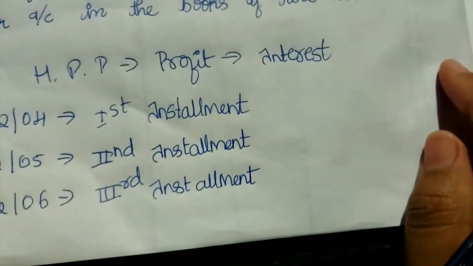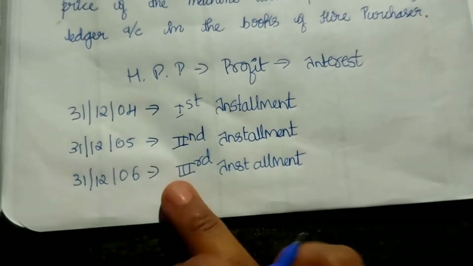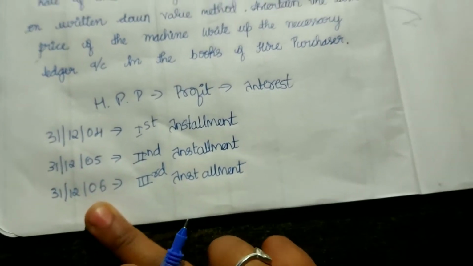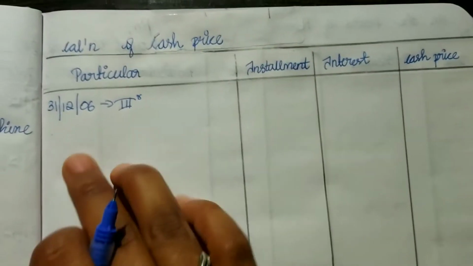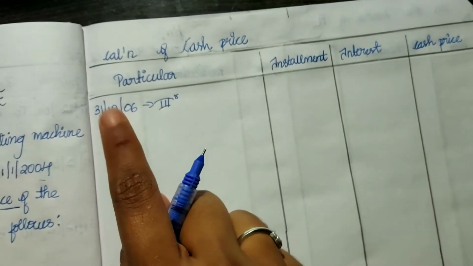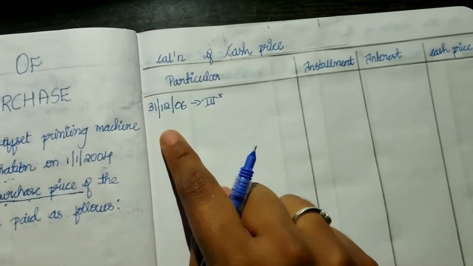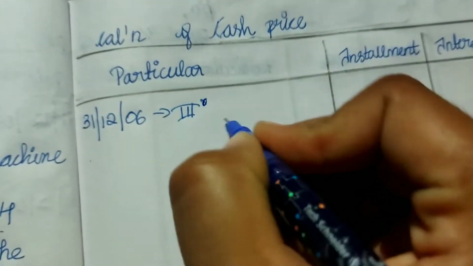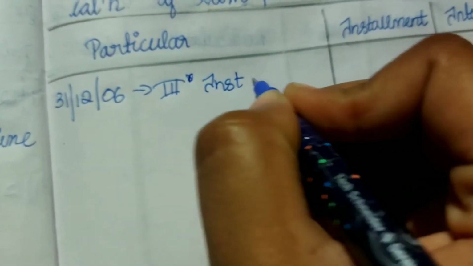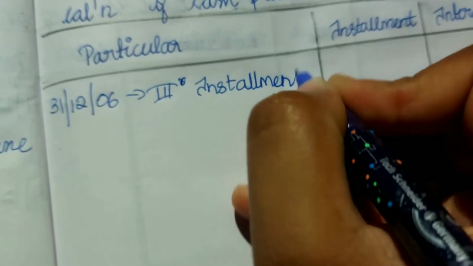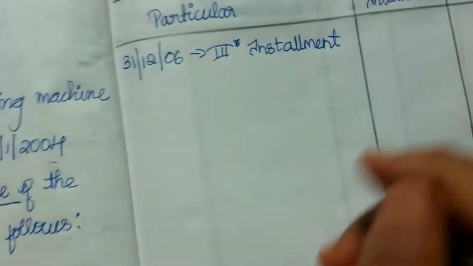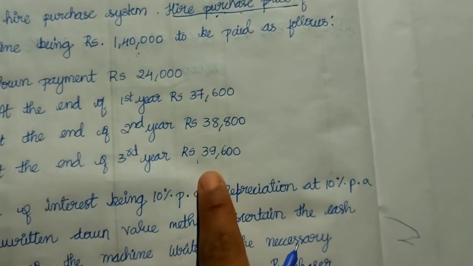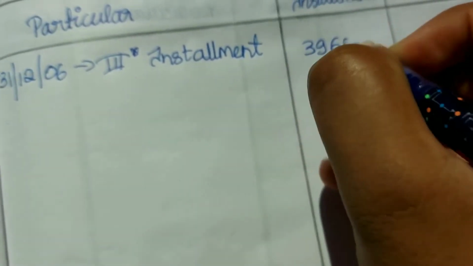So now we are starting with the end, taking the date 31st 12 2006, the third installment. How much are you paying? 39,600. First enter the amount 39,600.